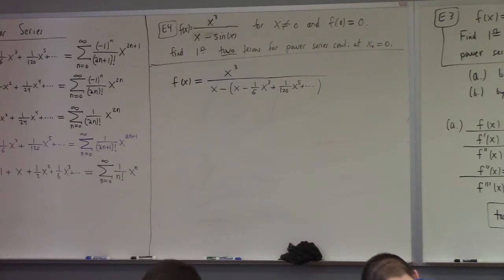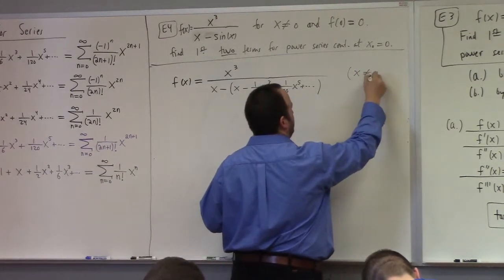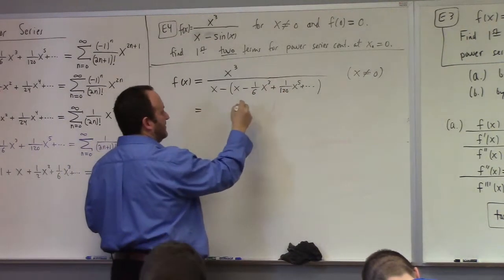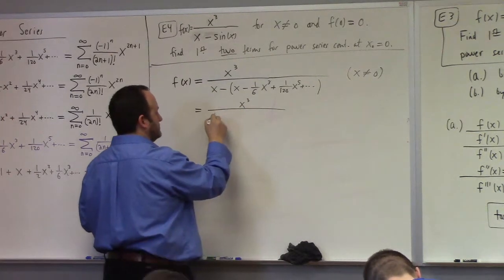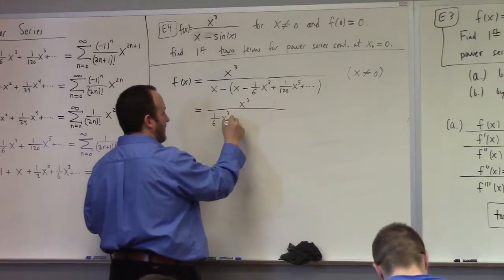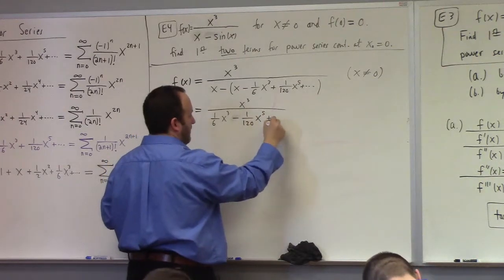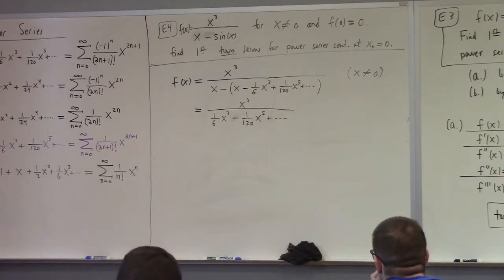So what's going on here is this is for x not equal to 0, right? And if x is not equal to 0, that means we can make a simplification, logically speaking. What is this? This is x cubed. So first of all, the x's cancel, right? What can we do at this point?